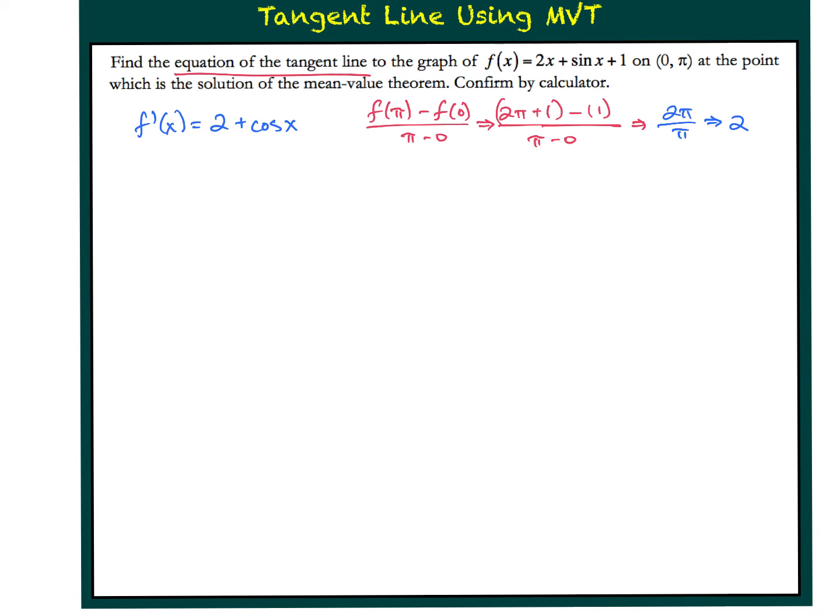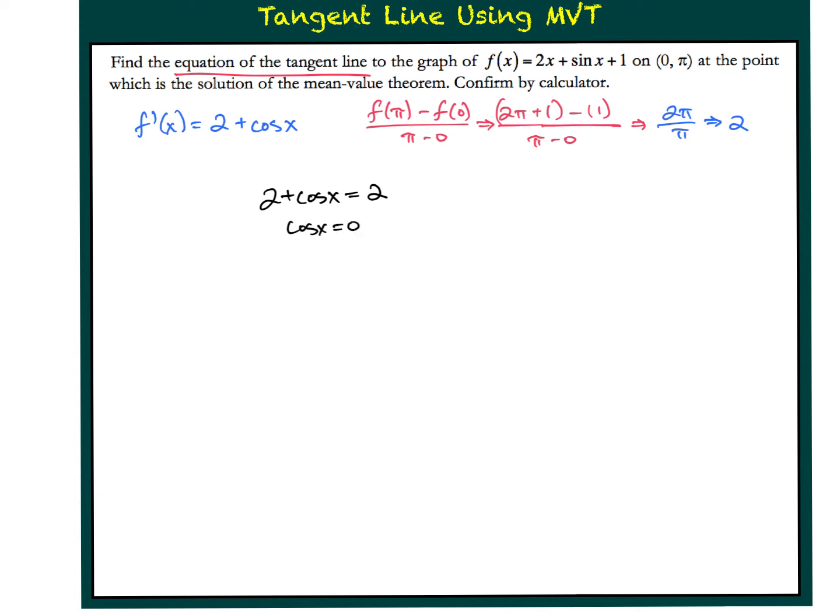So what do I need to do with those two things? Set them equal. So now I say 2 plus cosine x is equal to 2. My calculus slope is equal to my algebra slope. So let's quickly solve for x. I subtract 2, so I get cosine x equals 0.